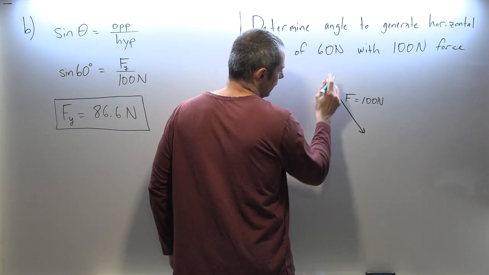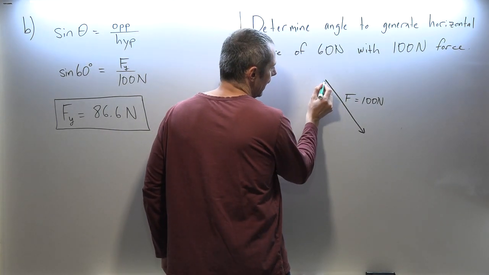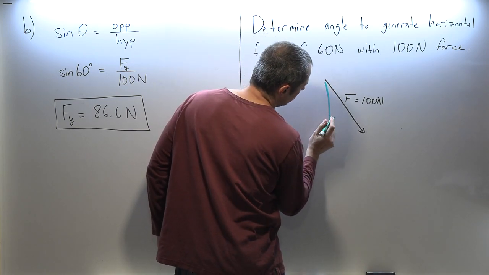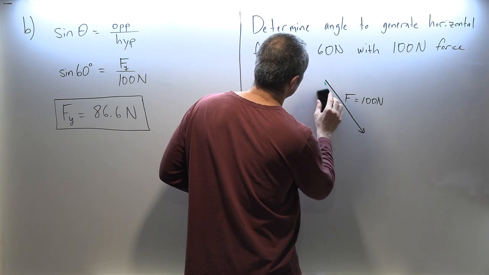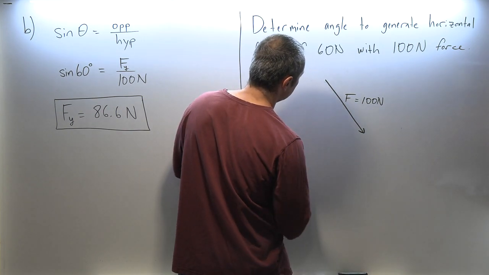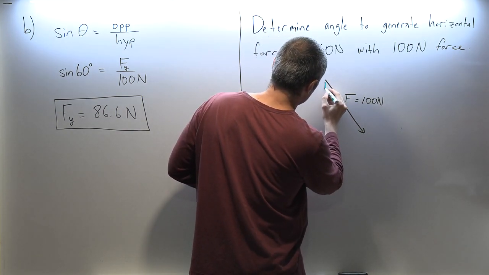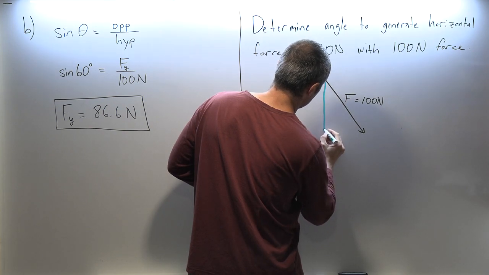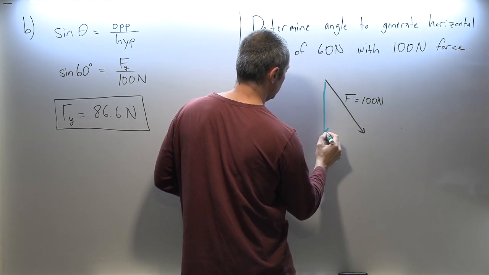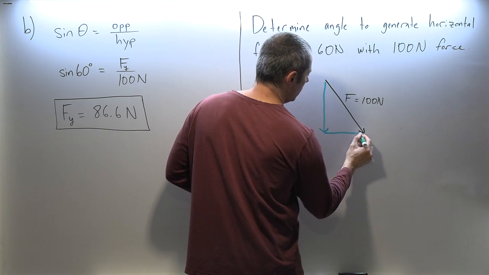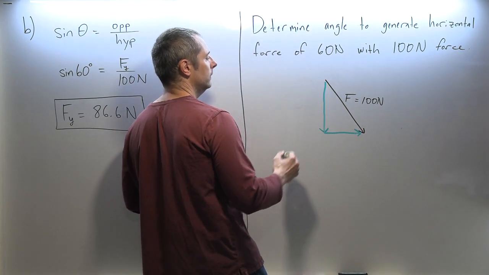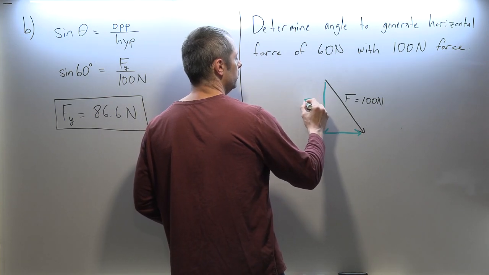So this pushes the broom down into the floor, and horizontally at the same time. Don't forget those arrowheads. Again, on the Regents, you could lose credit for that.